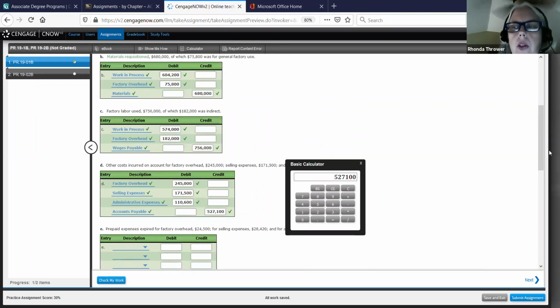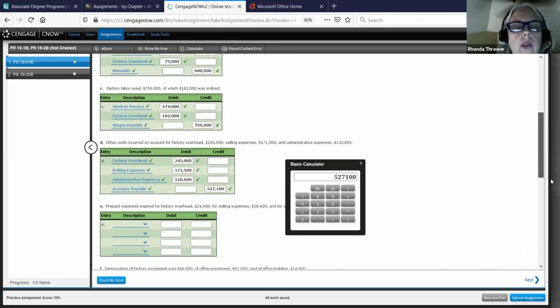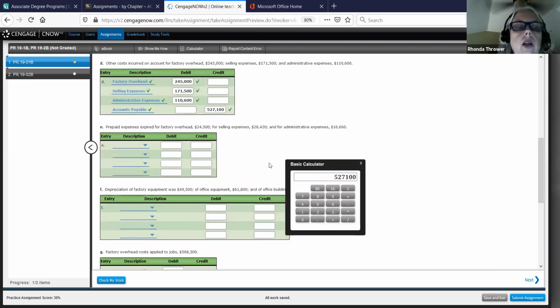Okay, so in the next part of this, in transaction E, it says our prepaid expenses have expired for factory overhead at $24,500, for selling expenses, $28,420, and administrative expenses, $16,660. I'm going to simply debit my factory overhead for $24,500.